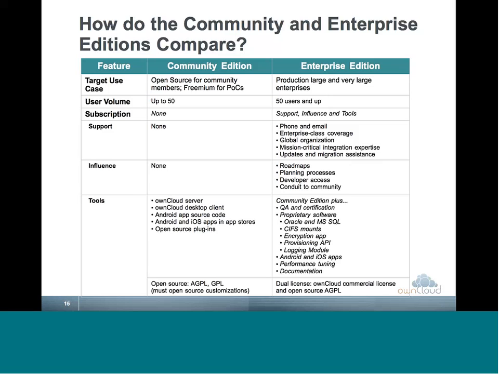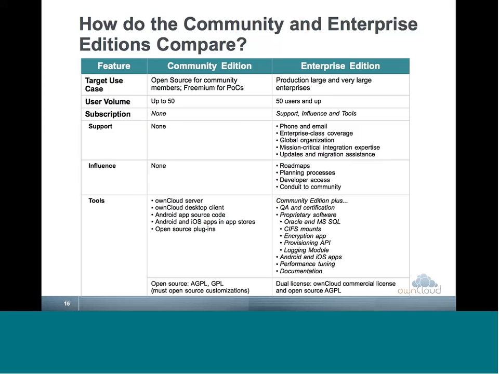However, when you want to take this to a level where you're going to implement it inside of your enterprise, out to a large number of users, the support that you get from ownCloud is just one part of the equation. As you can see here, all of the tools, information, and elements that we're going to provide to make this a successful deployment is where the power of the Enterprise Edition comes in.